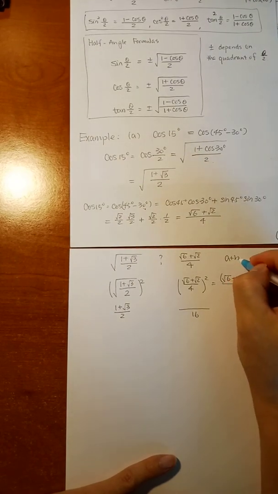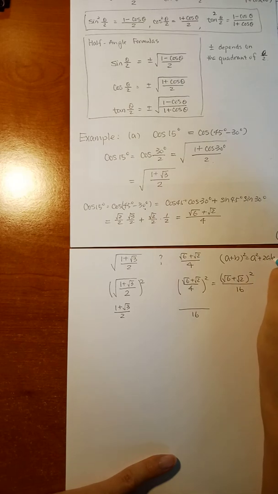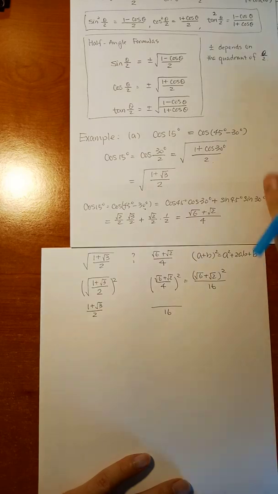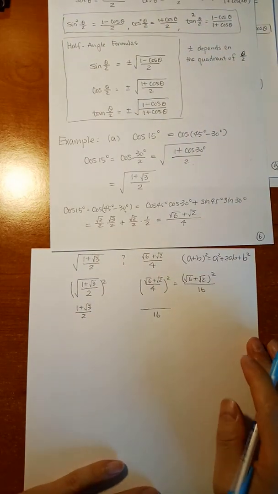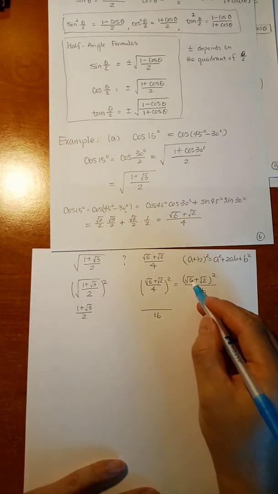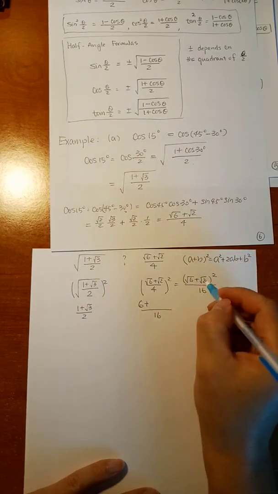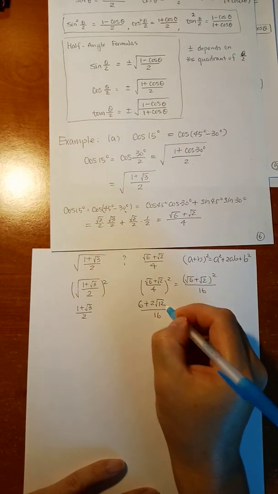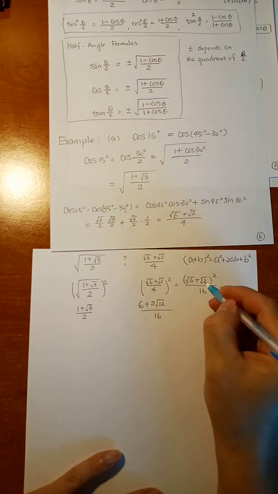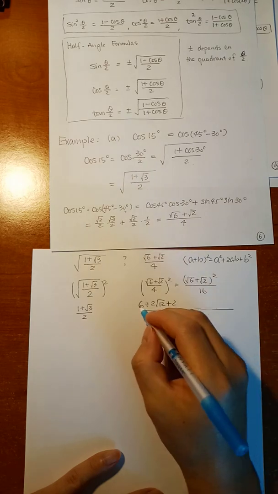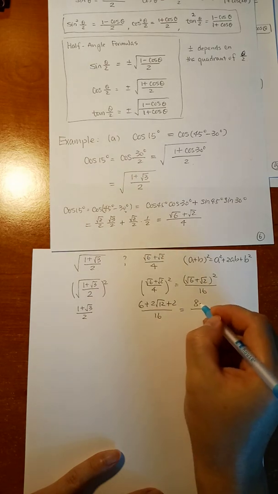Again, recall that (a plus b) squared is a squared plus 2ab plus b squared. So it's 6 plus 2 times the square root of 12, plus 2. 6 plus 2 is 8.